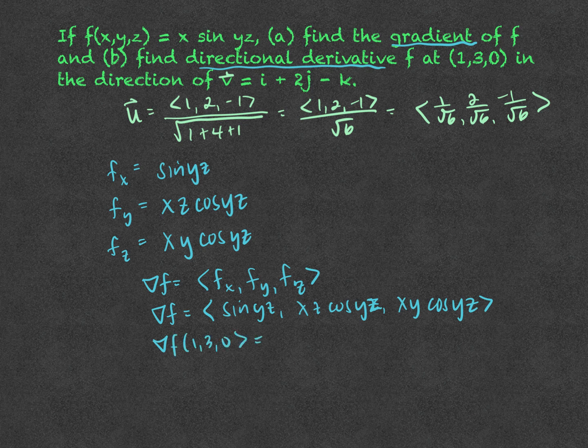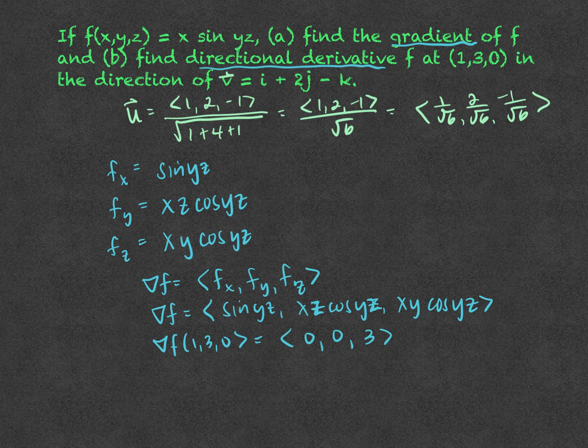So we have sine of y times z is 0, so sine of 0 is 0. And then we have x times z, which is 0, so the rest of it doesn't matter, 0. And then we have xy, which is 3, and cosine of 0 is 1, so we have 3. So our gradient then is 0, 0, 3.